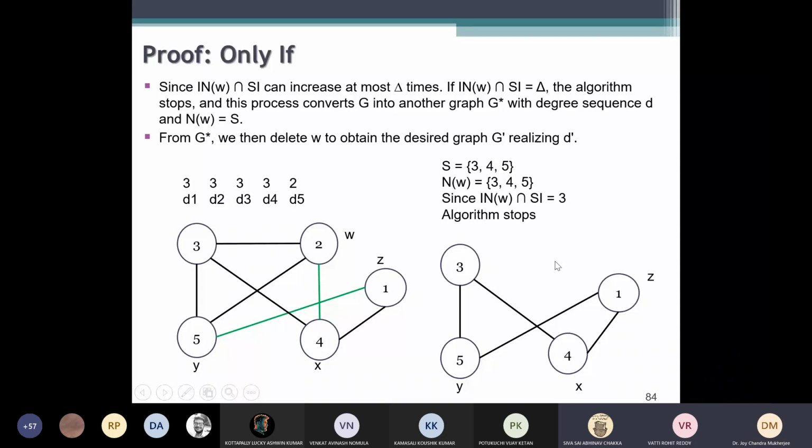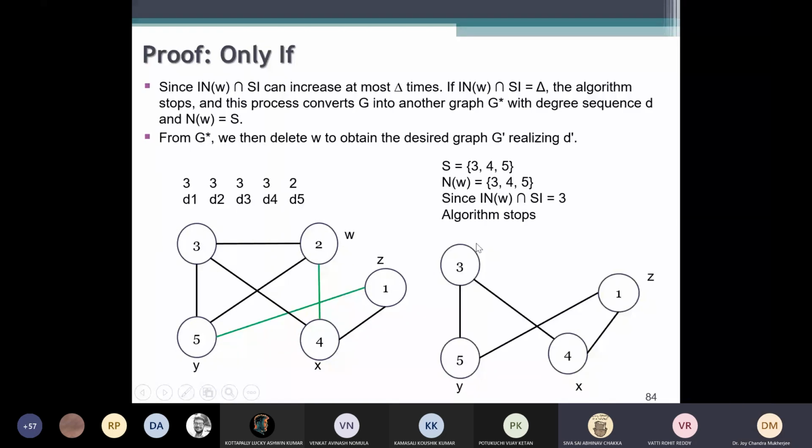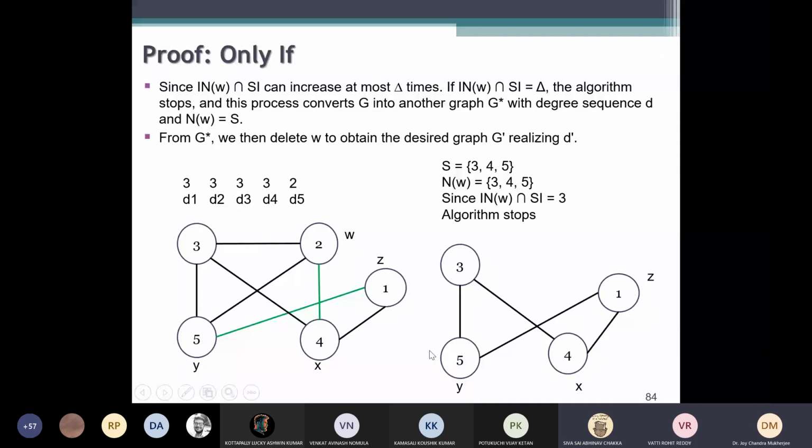So I can realize this 2 2 2 2 with this new graph, and it is a simple graph. Okay. And the formal proof is written here.